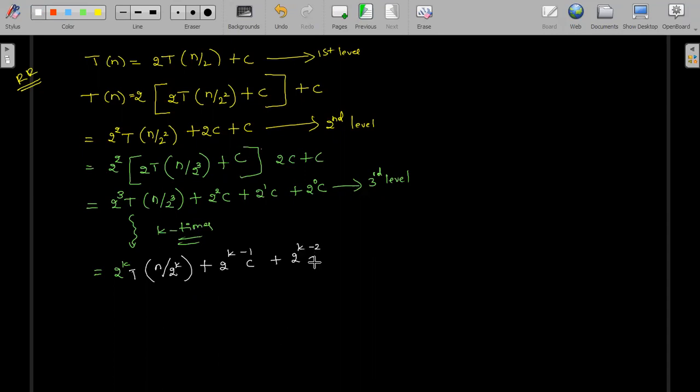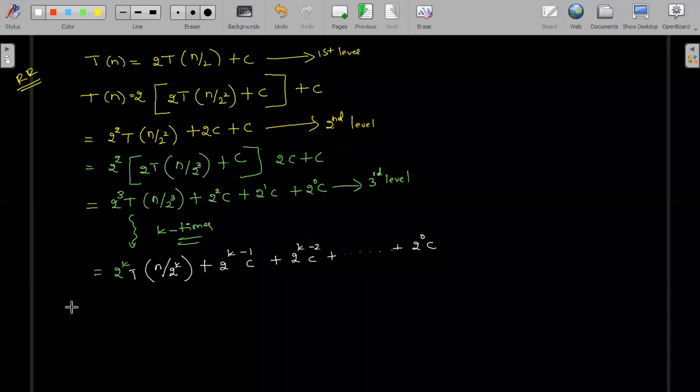Like that it goes on continuously, k minus 2, k minus 3, like that. At one point of time, it will become 1. That's why 2 power 0 c. That's it. This line okay, everybody? Okay, fine, no problem.